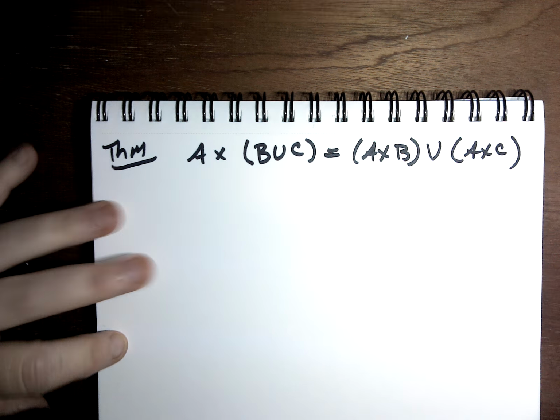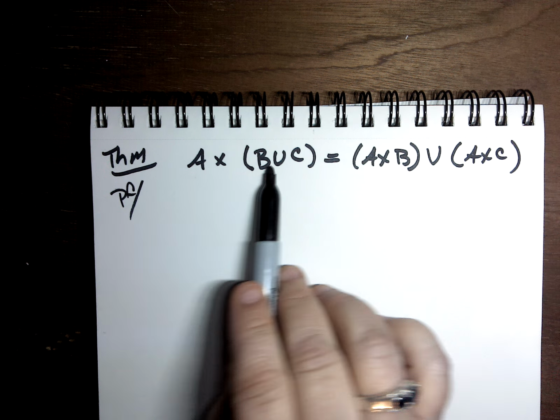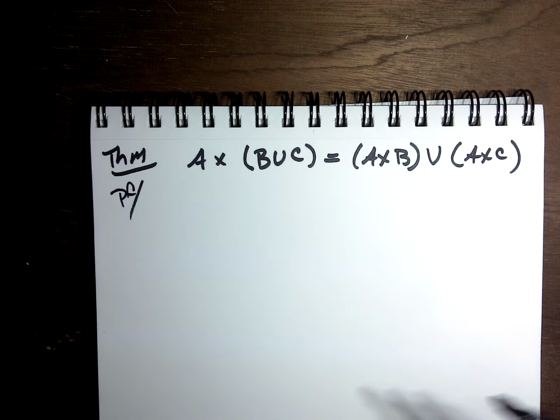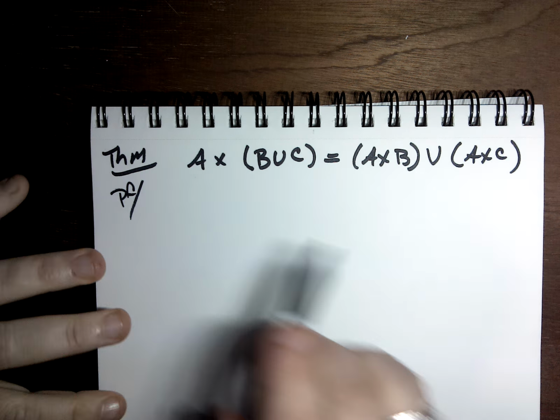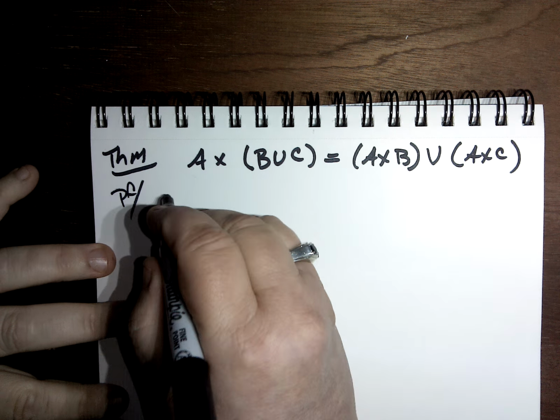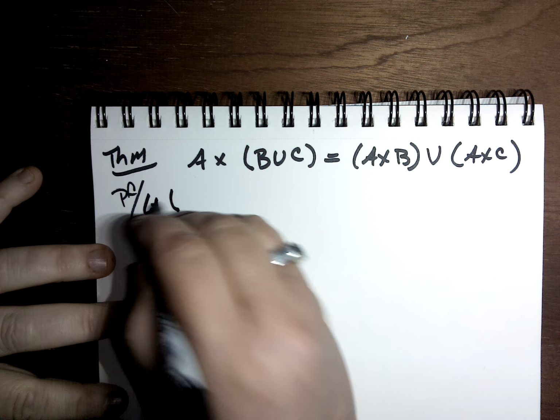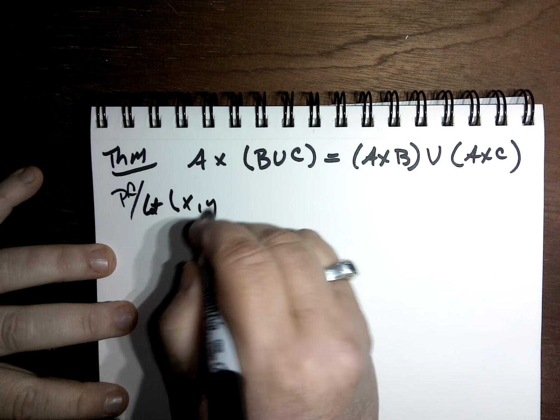Proof. Now, to show two sets are equal, I need to show that they're subsets of each other. I'm going to start on the left, let something be in here, and show that it's on the other side. Now, anything in here is an ordered pair, so I'm going to write it like that to make my life a little bit easier. So let (x, y) be an element of A cross (B union C).